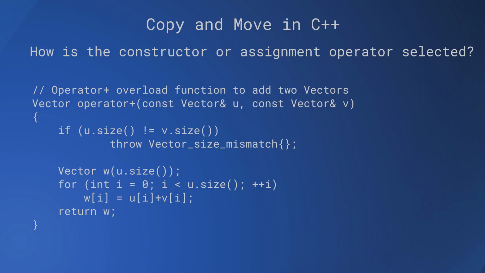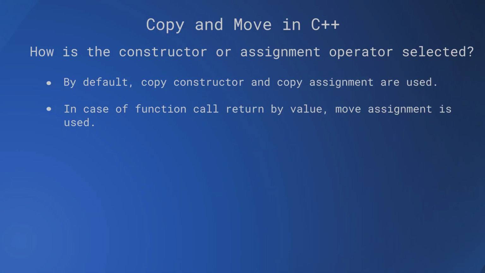But after the return statement, w is no more required. So here vector w, instead of copy, can be moved. And if the move assignment operator is there in the class, the compiler uses it by default. The compiler generally cannot decide whether to use move or not.